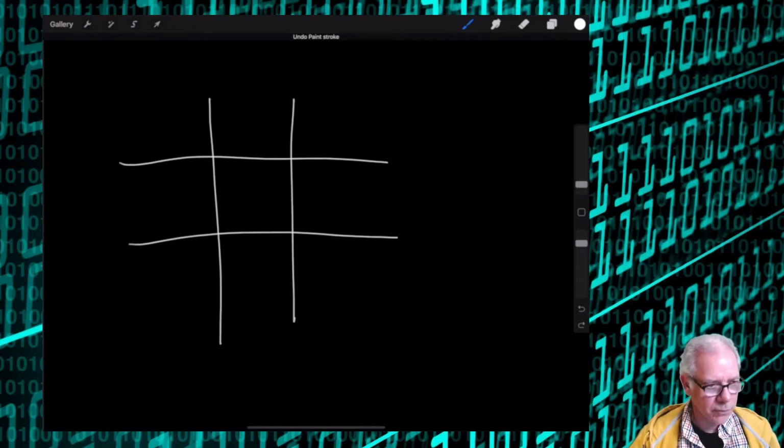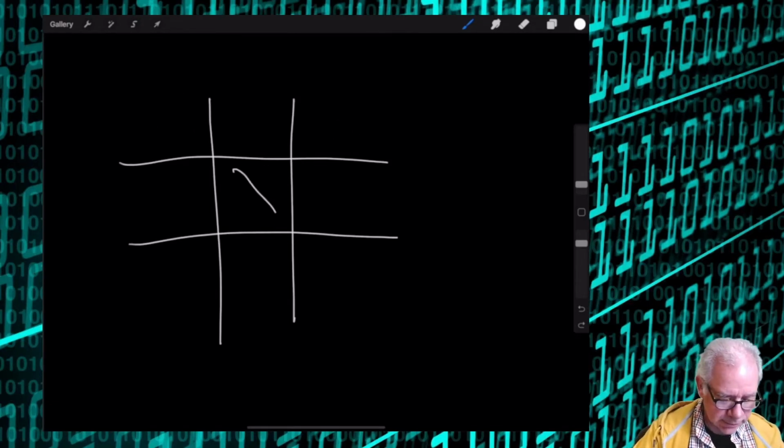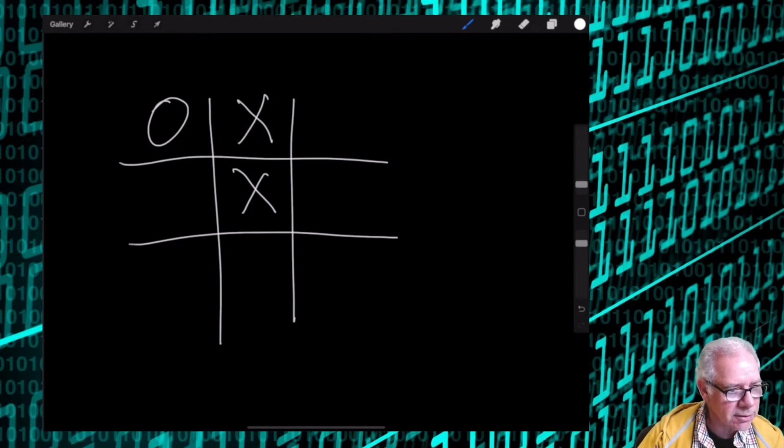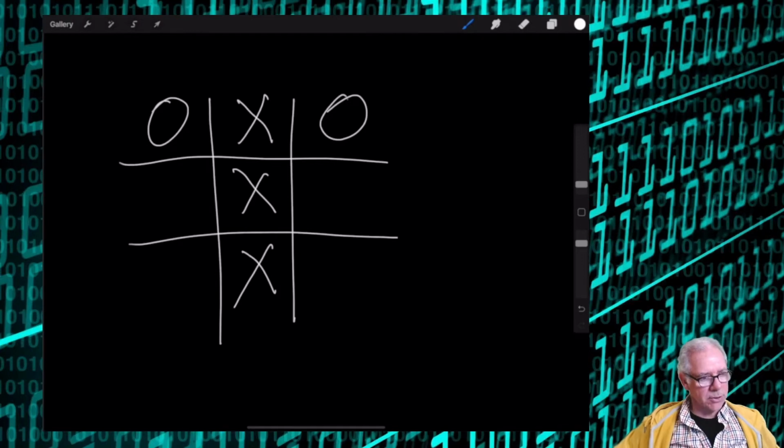Okay. So it's X is here. That's the first move. Y goes here. It's the second move. Then it says X goes here as the third move. Now it's doing O here. Well, that's wrong. And then it does X here. And we're done. Okay.